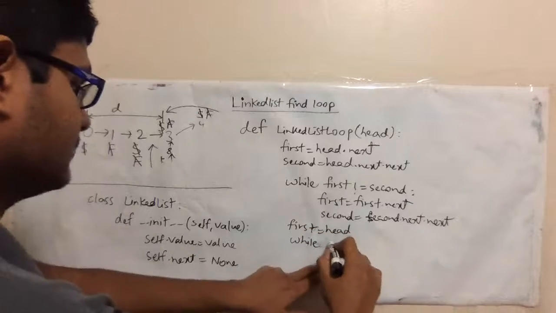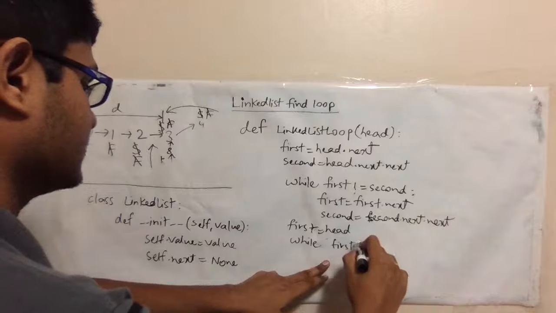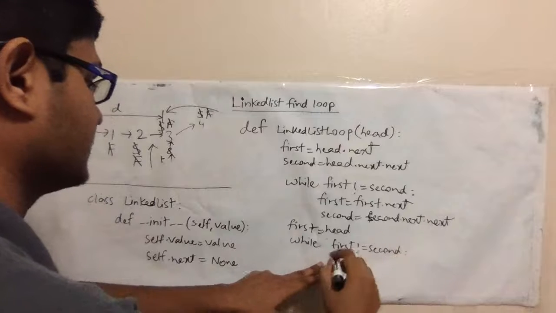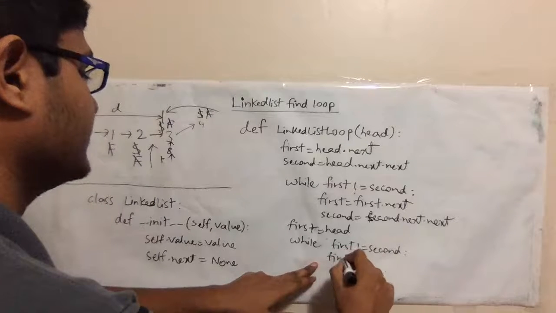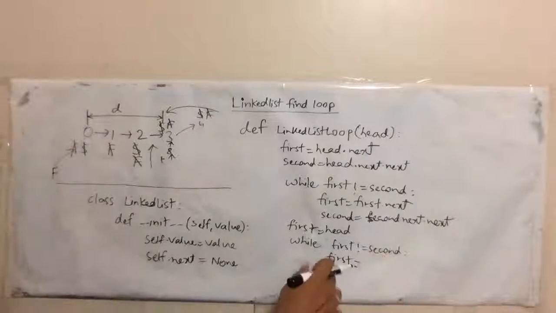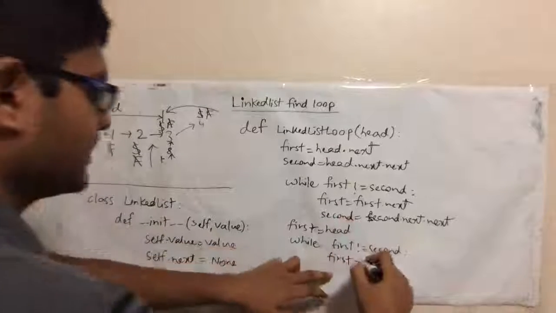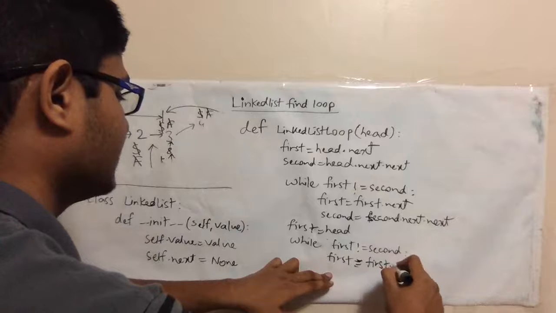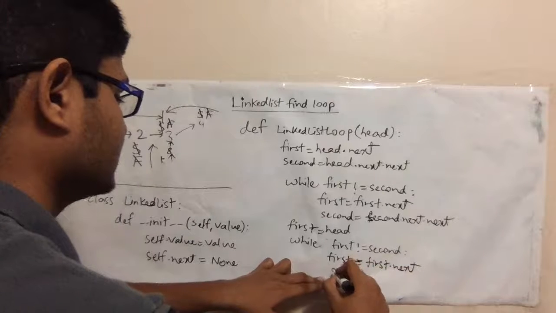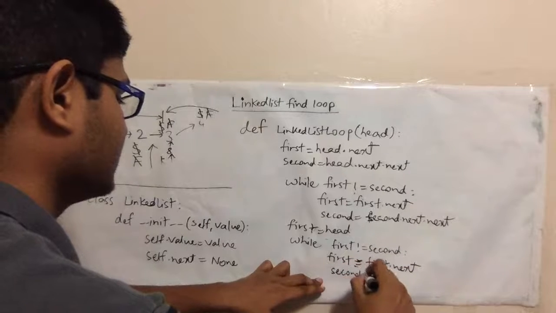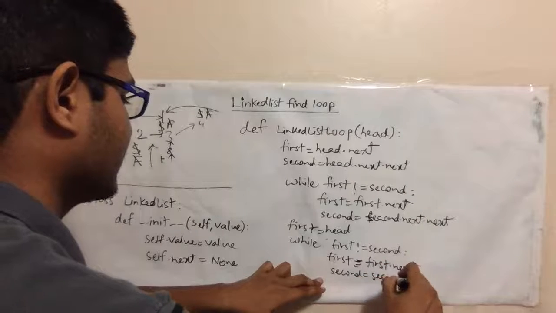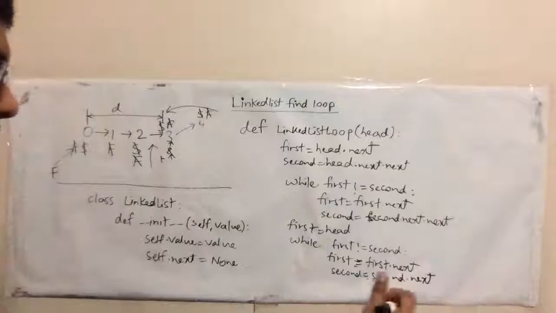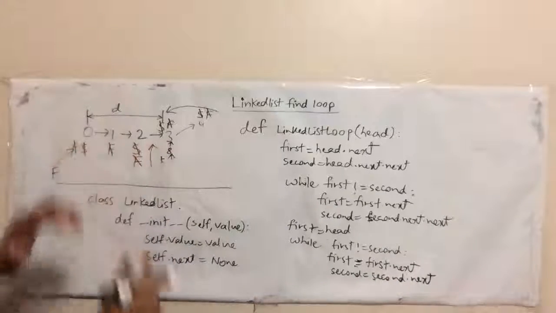While first is not equal to second, update, but now we will just update in single steps: first.next, second.next, not next.next, because we are just updating in single steps now.